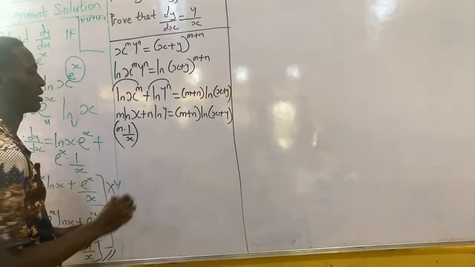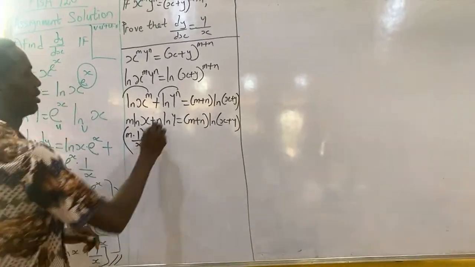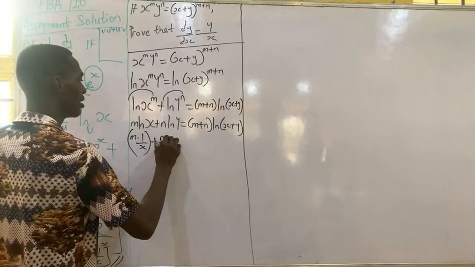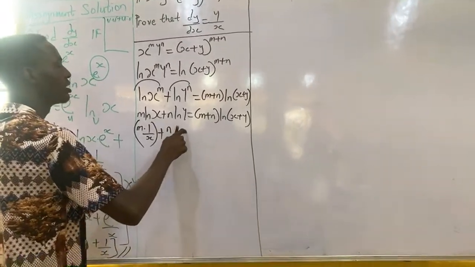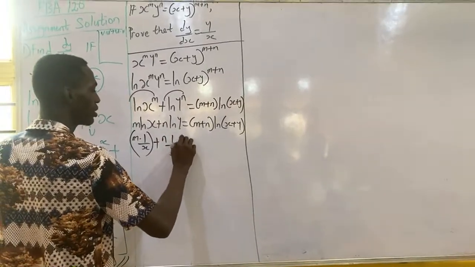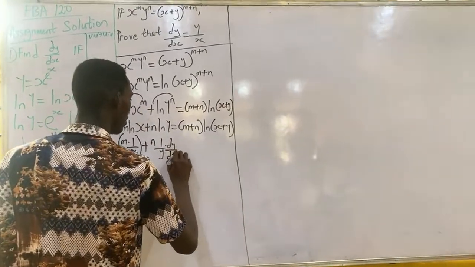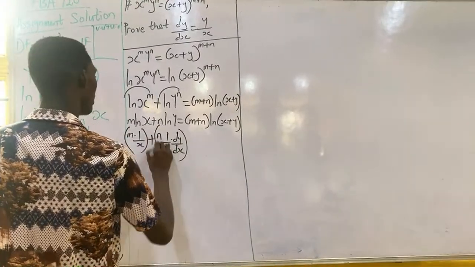Let's put this in one bracket plus the same thing n times, this will be 1 over y. But because we are looking for the derivative of y, we add dy over dx. So let's put the whole of this in another bracket.